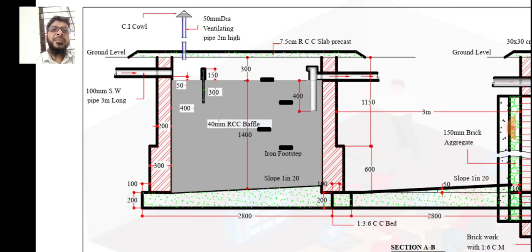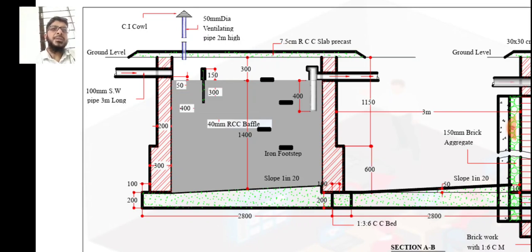Then there is a baffle wall of 450 mm length, and the bottom is sloped in 1:20, and there are iron footsteps connected to the walls of the septic tank.